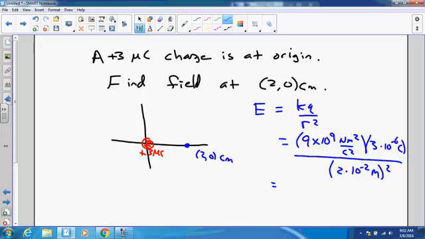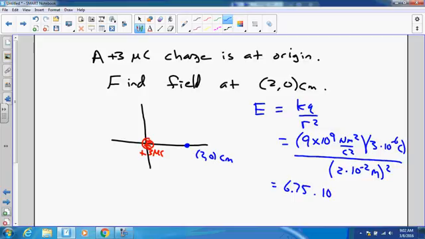Let's do our mantissas and exponents separately. So we have 9 times 3 is 27, divided by 2 squared is 27 divided by 4, which is just shy of 7, 6.75, times 10 to the 9th, 10 to the -6, add the exponents to get 10 to the 3rd, divided by 10 to the -4th, subtract the exponents, careful with that negative.